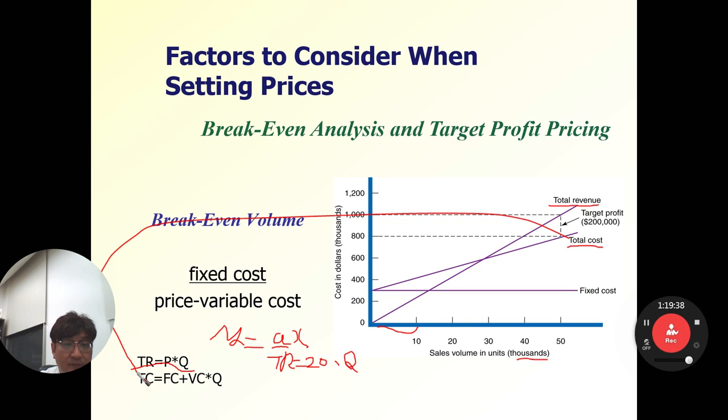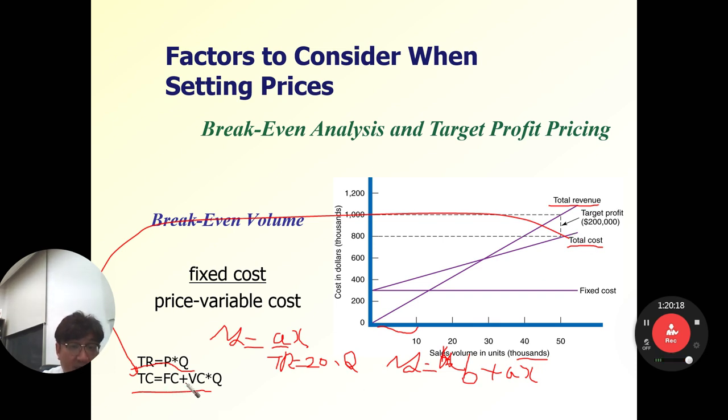The total cost line is fixed cost plus variable cost times Q. So this is more like Y equals B plus AX, right? Since I use A as a slope, I just want a consistent notation for this one.